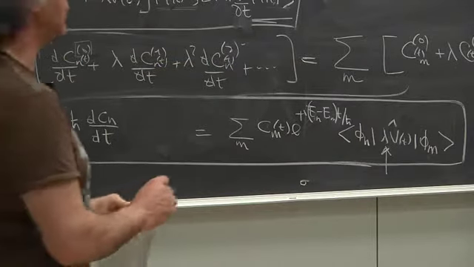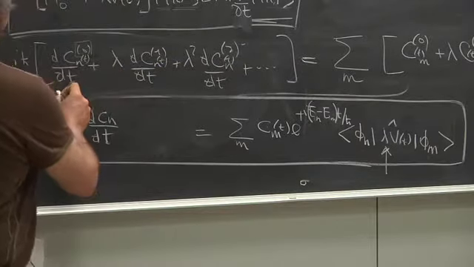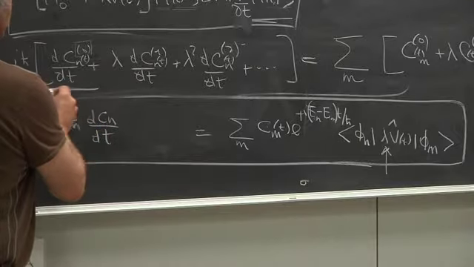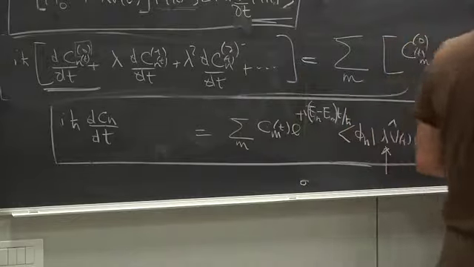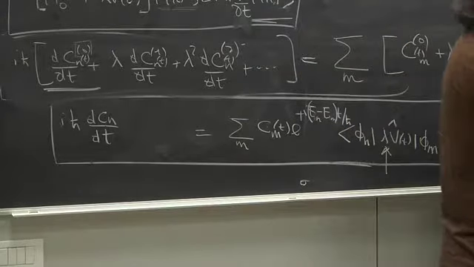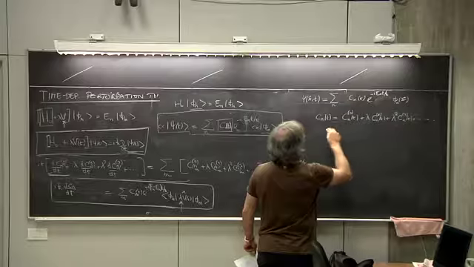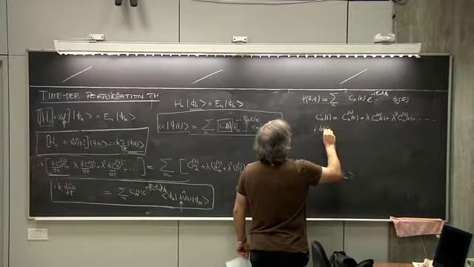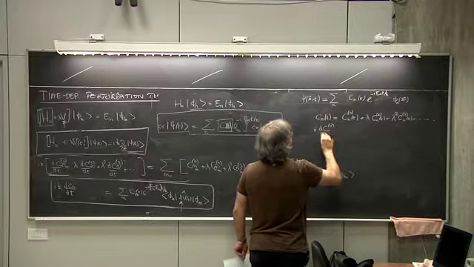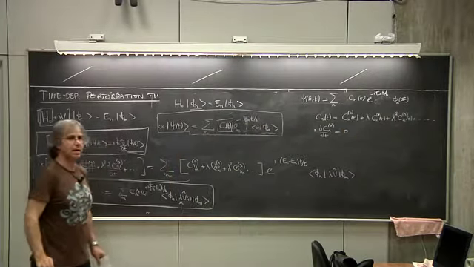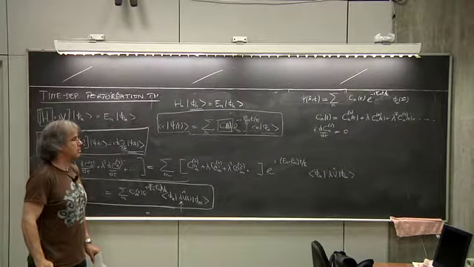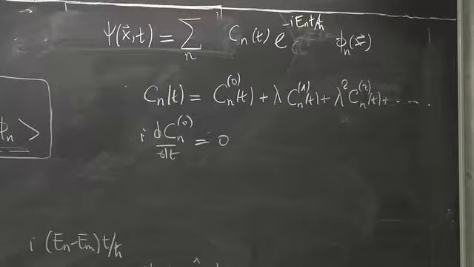For instance, to order lambda to the power 0, I have this. But here, there is at least one lambda, okay? So the equation for this object here is I derivative should be equal to 0, okay? Is this clear to everybody?